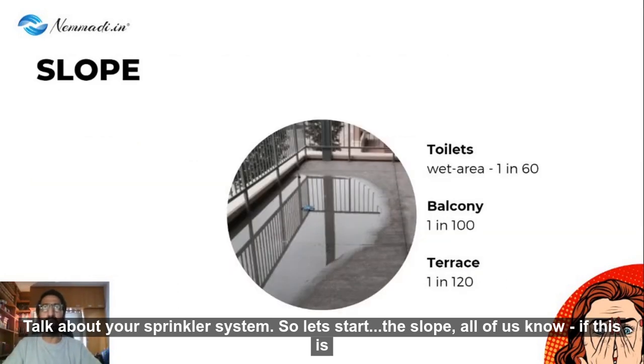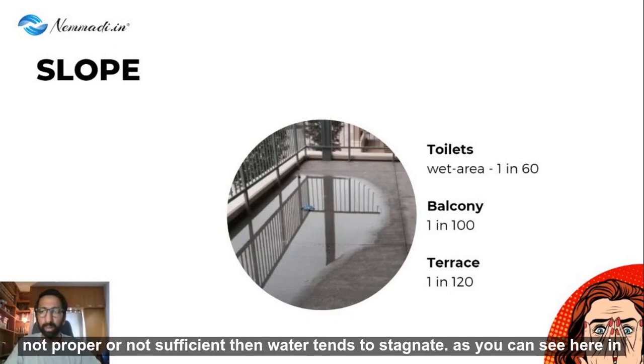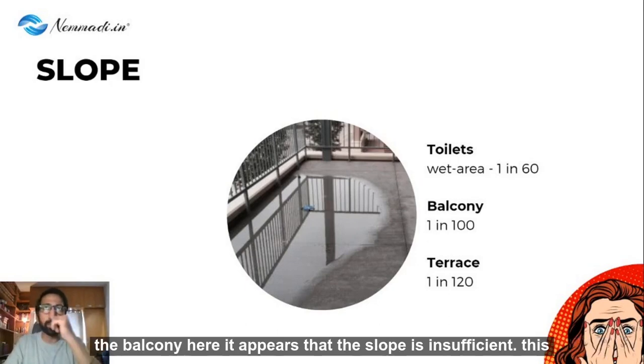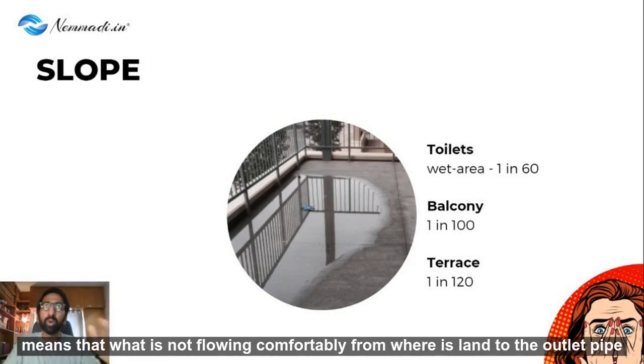All of us know that if the slope is not proper or not sufficient, then water tends to stagnate. As you can see here, in the balcony here, it appears that the slope is insufficient, right? So this means that water is not flowing comfortably from where it lands to the outlet pipe.